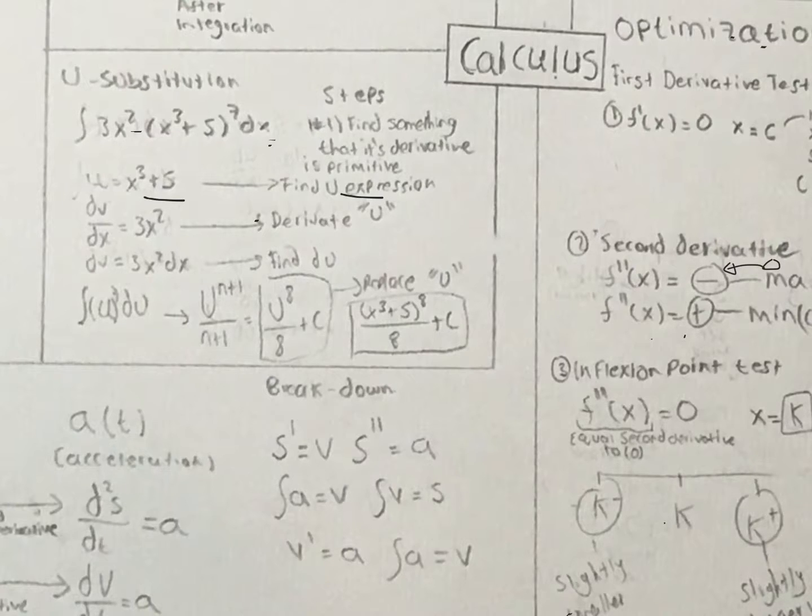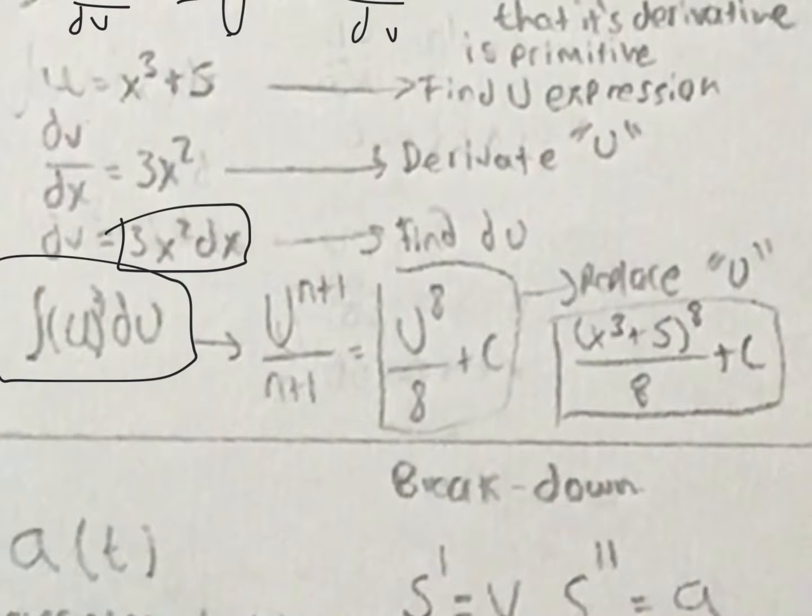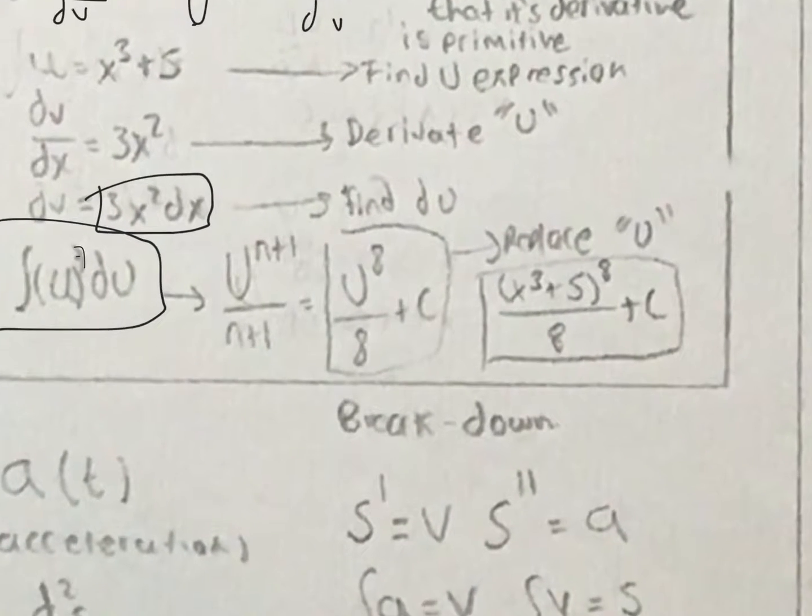As you notice, we just got that 3x squared dx is du. And now let's replace this as being our u and this as being our du. So once we do that, we get the integral of u to the power of 7 du, and we follow the rules.